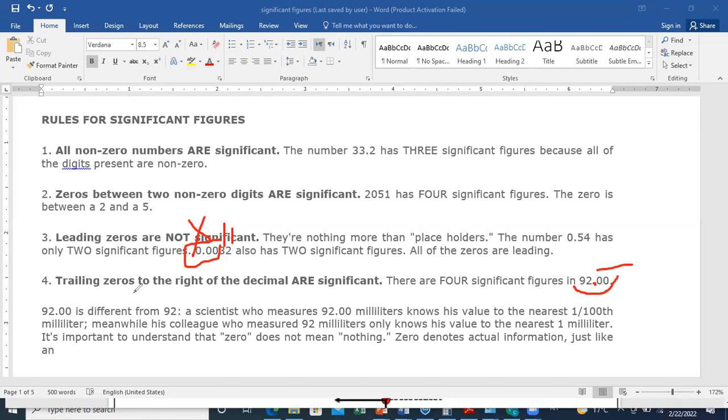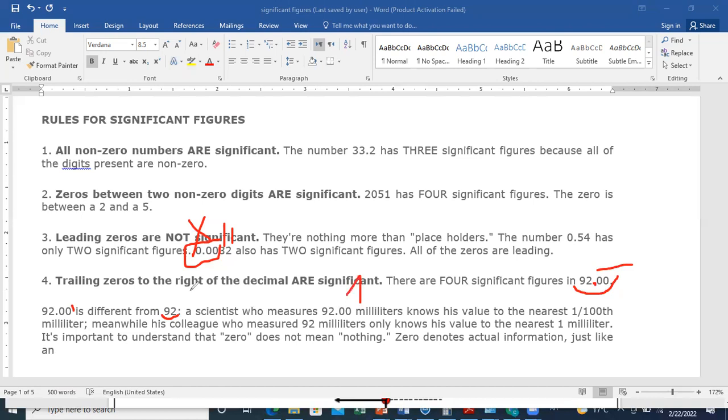However, when we just say 92, this is 2 significant figures. What is the difference between 92.00 and 92? If I give you a measurement, say 92.00 millimeters, I have an accuracy: I am able to measure with my ruler, or any measurement device, up to 0.01 millimeter.